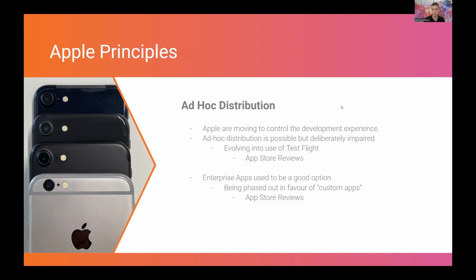And we'll discuss them at length, but even within that option, Apple are moving towards the custom application program, which mandates App Store reviews for releases. So there's very much a movement towards centralization of app distribution, even within organizations.